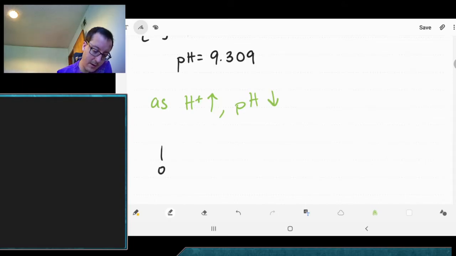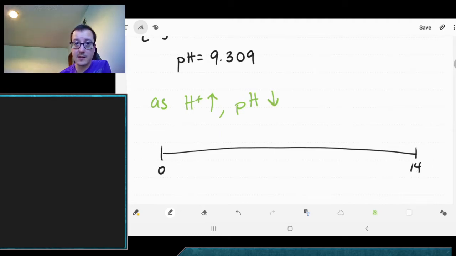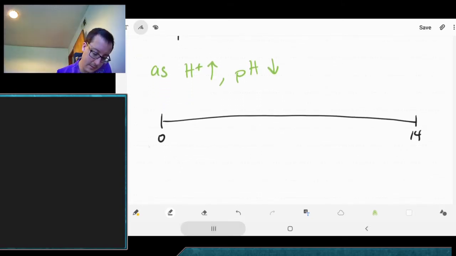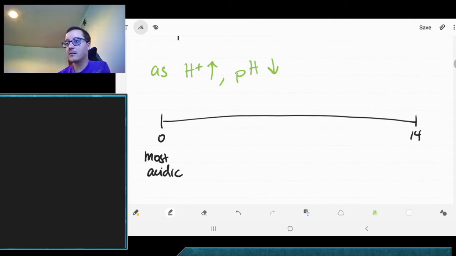So pH typically runs from about 0 to 14, though it can certainly exceed either side. You can have negative pHs, you can have pHs above 14, but most pHs lie within this range. And so, as we see here, the most acid means your lowest pH. So you're going to have the most acidic solutions down here. And therefore, on the opposite side, we're going to have the most basic solutions.